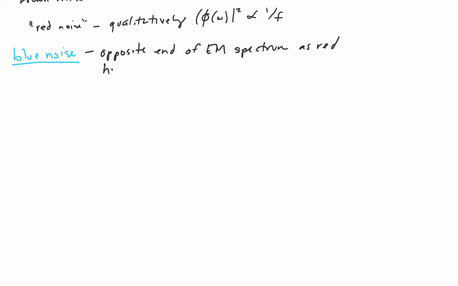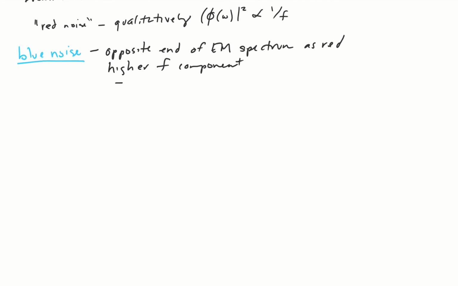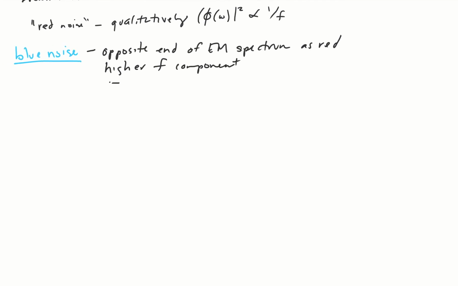It has to do with the higher frequency components. So if you imagine that the pink noise is 1 over F, this one has a power density spectrum proportional to F. So that's the important thing here. It's linear, so that higher frequency components contribute more.